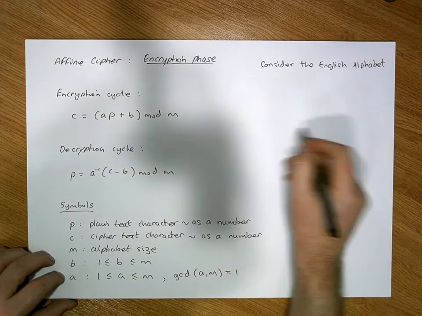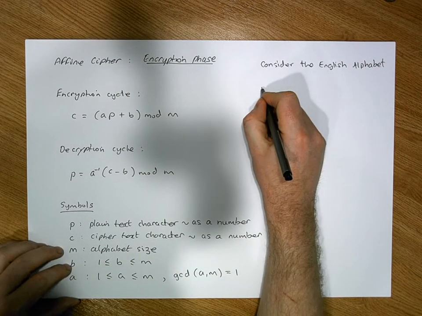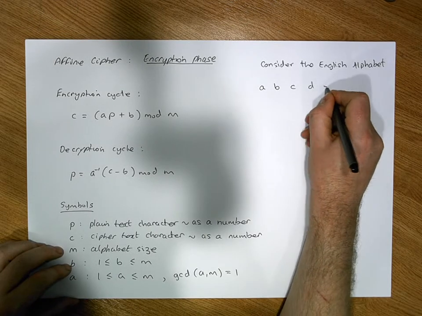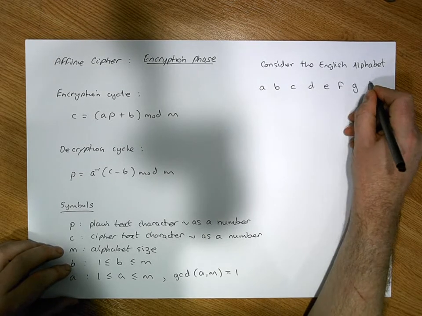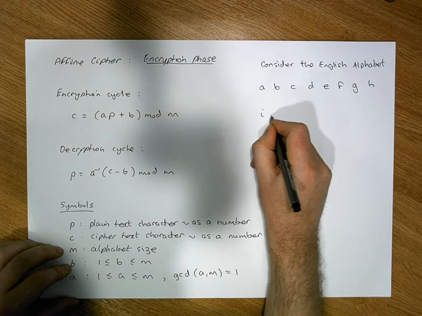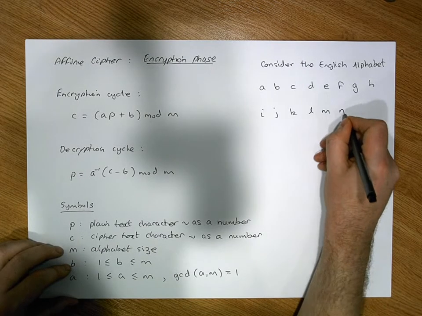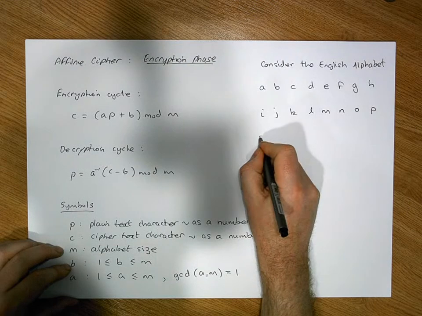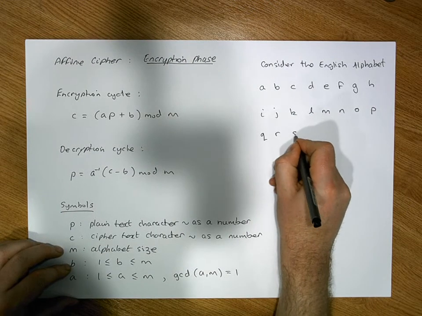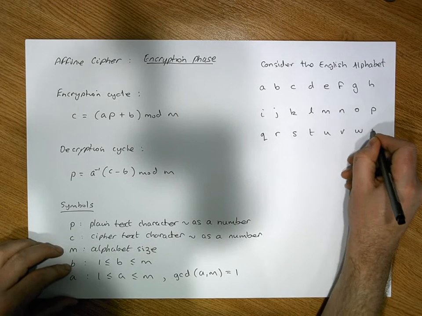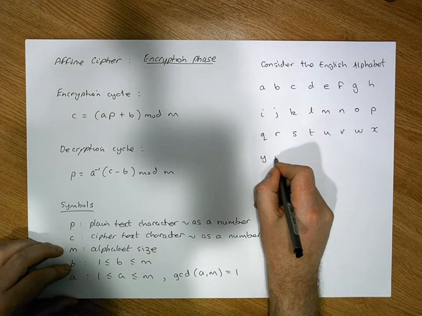Our characters are a, b, c, d, e, f, g, h, i, j, k, l, m, n, o, p, q, r, s, t, u, v, w, x, y, z.